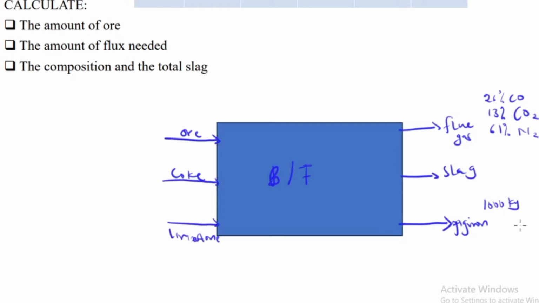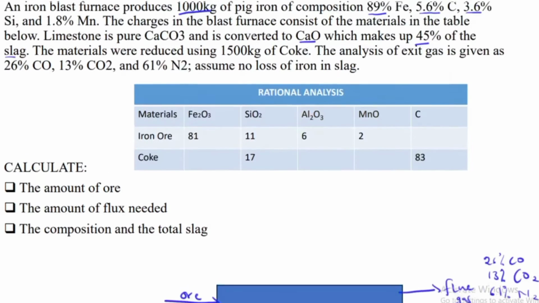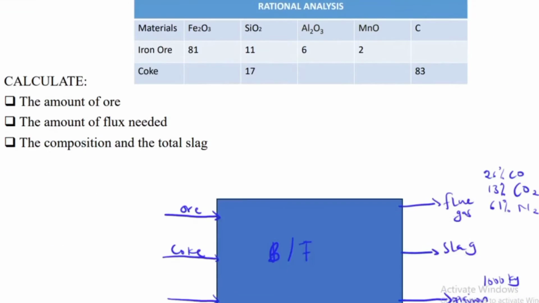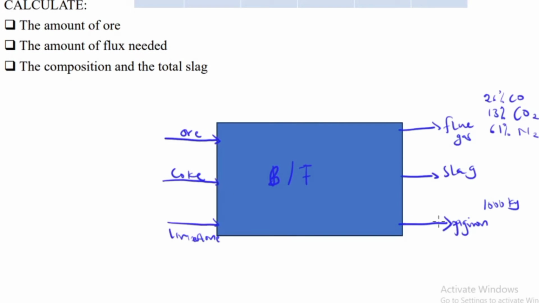And then with the pig iron, from the question, you could see that we have some elements in the pig iron. We have 89% iron, 5.6% carbon, 3.6% silicon and 1.8% manganese. So you need to put that down. It's very necessary because it helps you to solve the question.